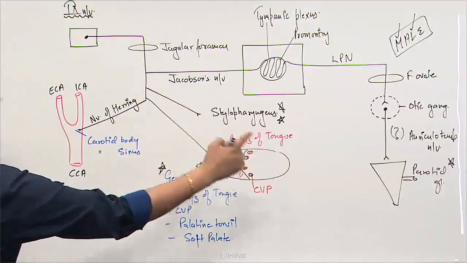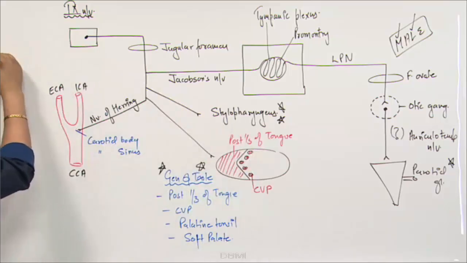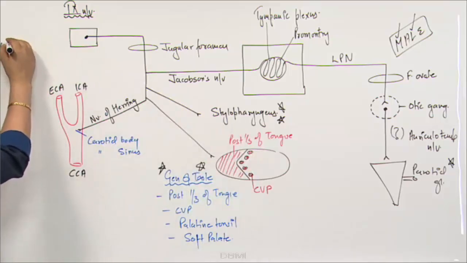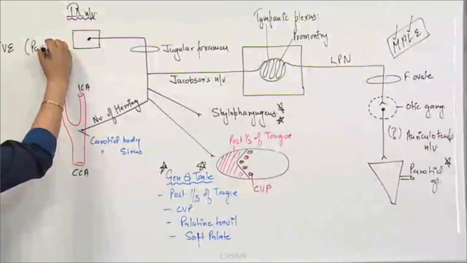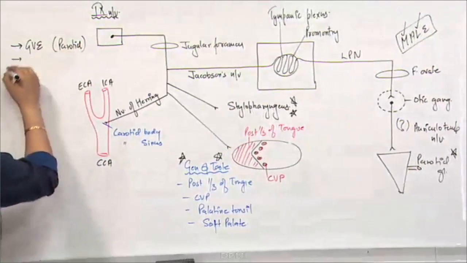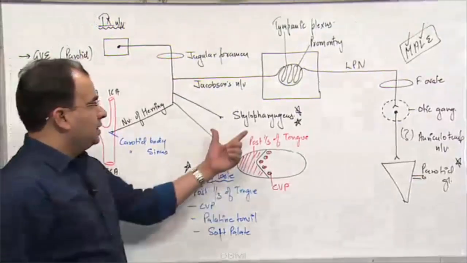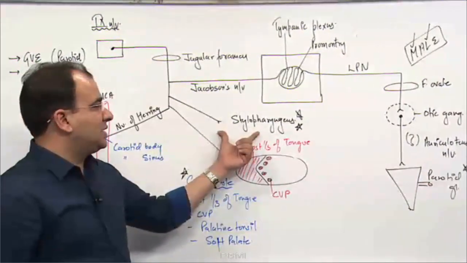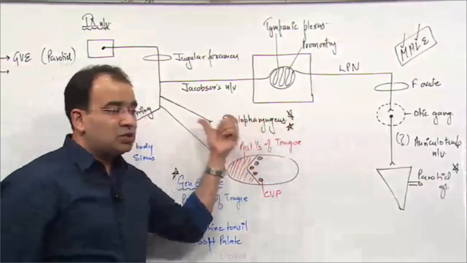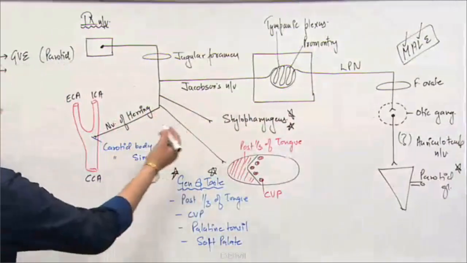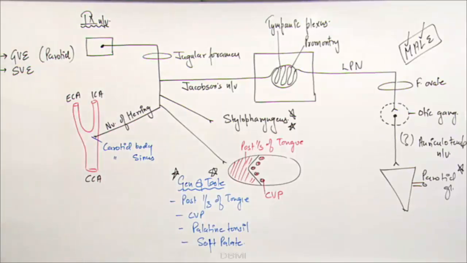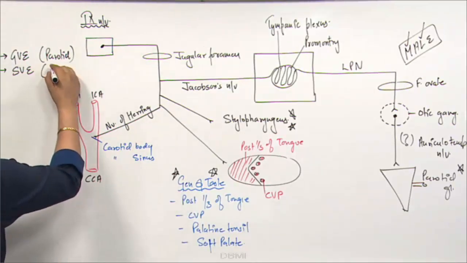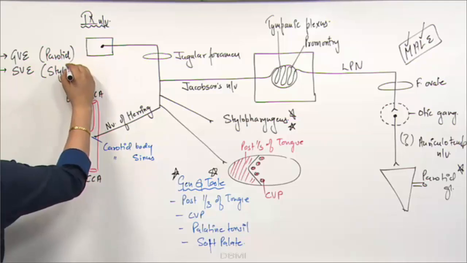It supplies a gland, the parotid gland. So glands are supplied by the GVE column, general visceral efferent column. It supplies one muscle of the pharynx, stylopharyngeus, and also carries proprioception from this. Supplying the stylopharyngeus muscle, that is SVE, the branchial arches column, special visceral efferent.